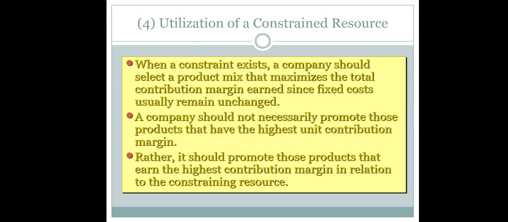Let's say the unit of constrained resource is machine hour. Then the product that should be prioritized in the production process is the product that can generate the highest contribution margin per machine hour, or machine minutes, or labor hour. It depends on the unit of the constrained resource.